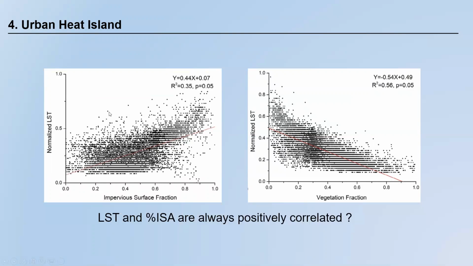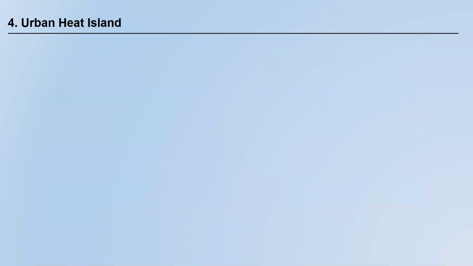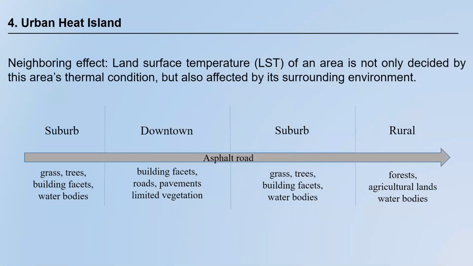You can also retrieve the impervious surface fraction or vegetation fraction of it, right? And these two scatter plots do not consider something called neighboring effect, which means that land surface temperature of an area is not only decided by this area's thermal condition, but also affected by its surrounding environment.